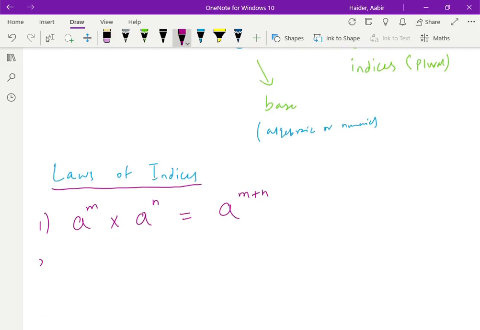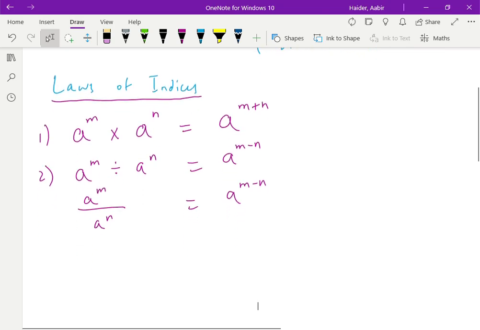So this is how you are going to deal with them. If you have a division process for the same thing, so you are simply going to subtract them. Okay, by division I mean it can be written in the fraction form as well, so same treatment.